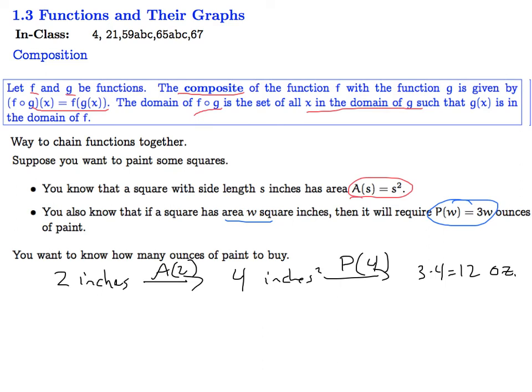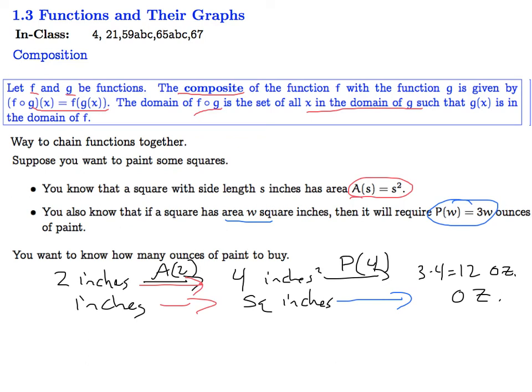So the a function here tells me how to get from inches to square inches, and the p function tells me how to get from square inches over to ounces.